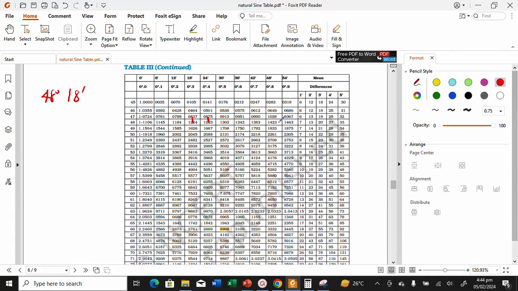So looking at this, what are the values that we can add to 1.1224 to give us 1.1225?